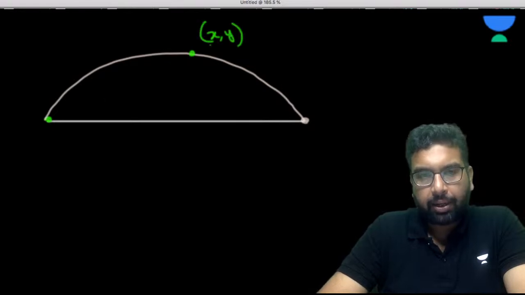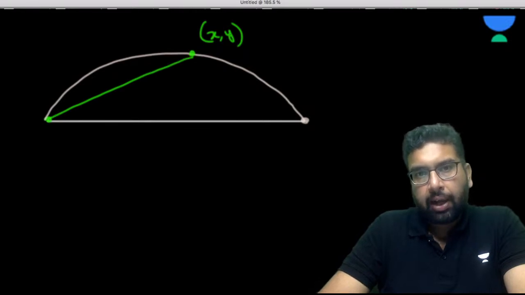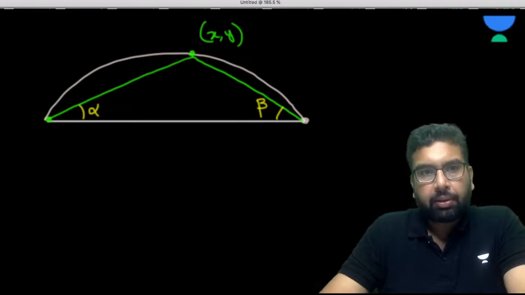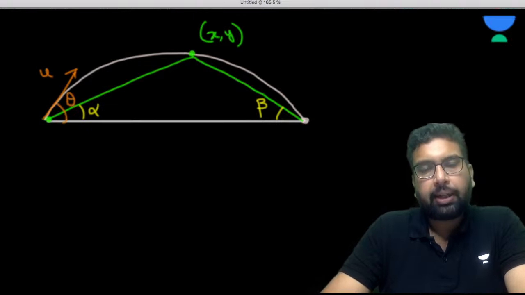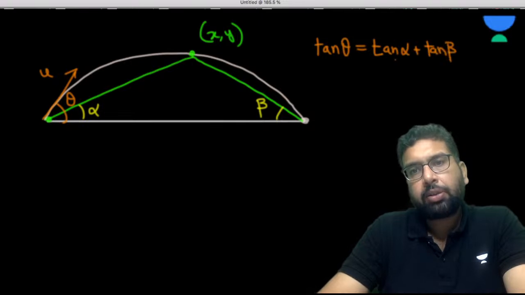Now, if I join this by a straight line here, and if I join this by a straight line here, let's suppose this angle is alpha, this angle is beta, and this ball is thrown at a velocity of u from this angle theta. Now with the help of this equation, you can prove that tan theta is equal to tan alpha plus tan beta. This is one standard expression that you see.